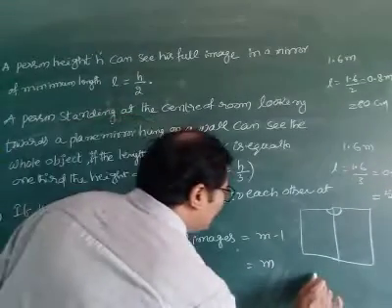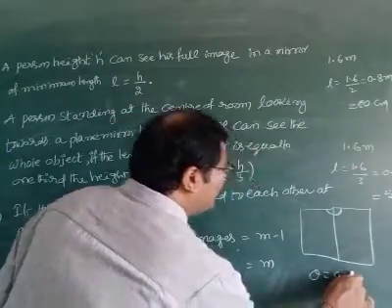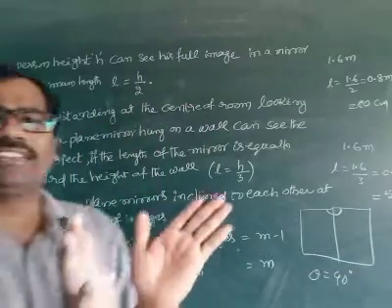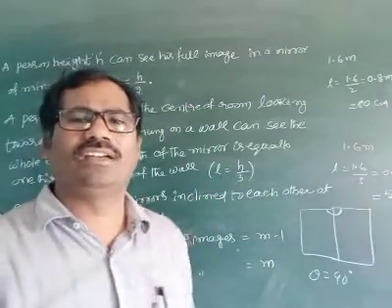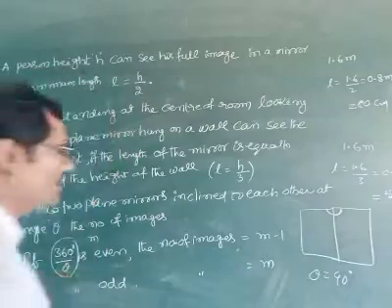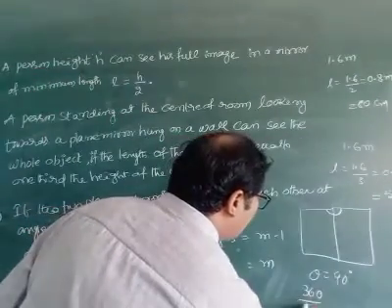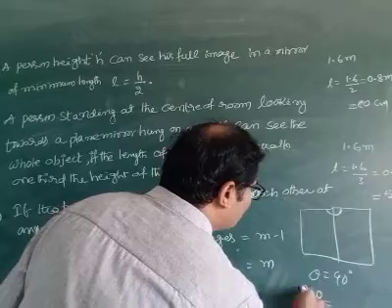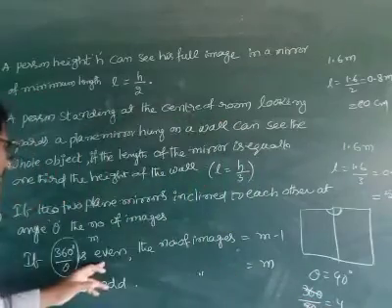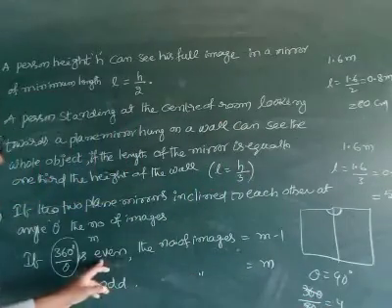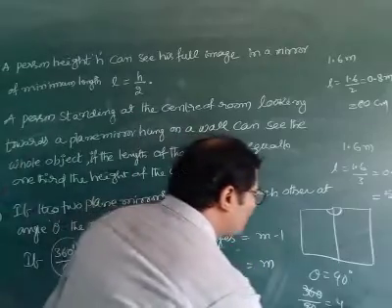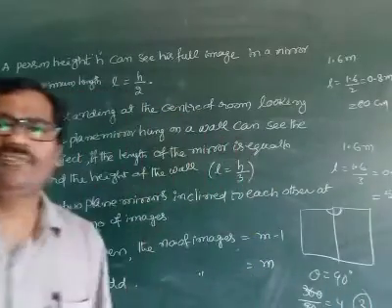Example, in case of theta 90 degrees, the mirrors are perpendicular to each other. How many images form? 360 by 90 is 4, which is even, so 3 images are formed.